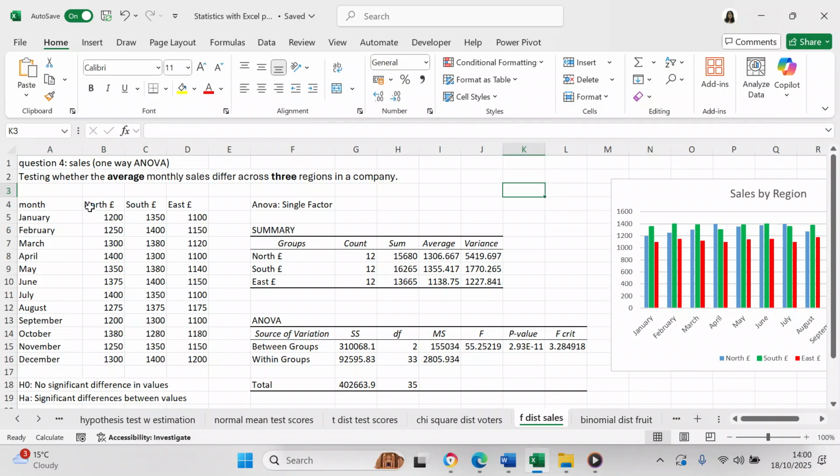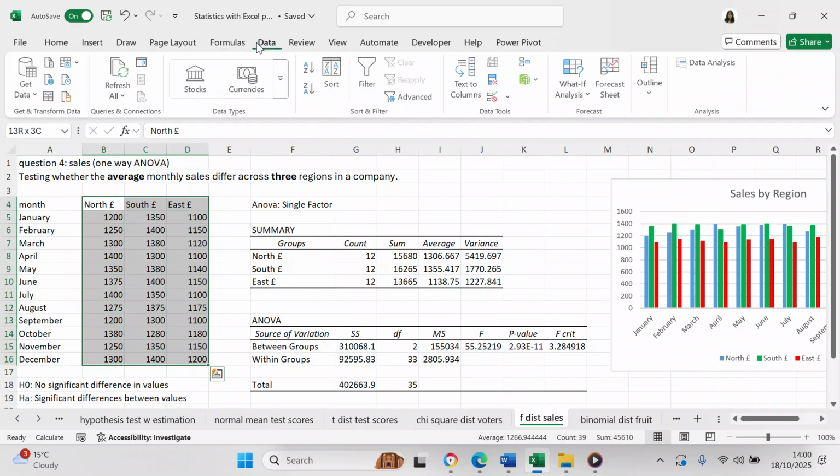So you come over here and block off your 12 months for 3 regions. You come over to Data and click Data Analysis.